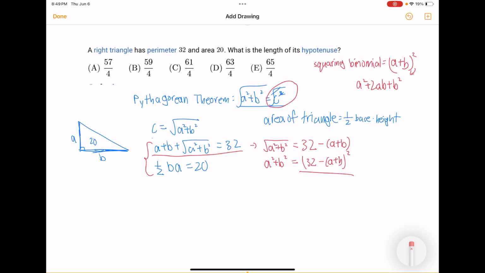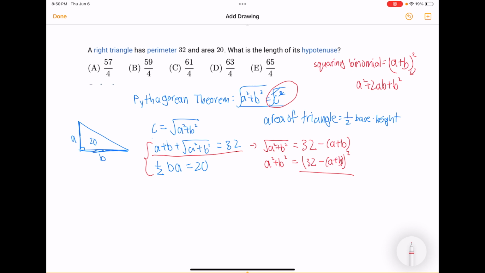The special rule is that if you have the quantity a plus b squared, that would equal a squared plus 2ab plus b squared. That's a rule that you will need to know, and it comes in very handy. But in this case, we have 32 minus the quantity of a plus b.